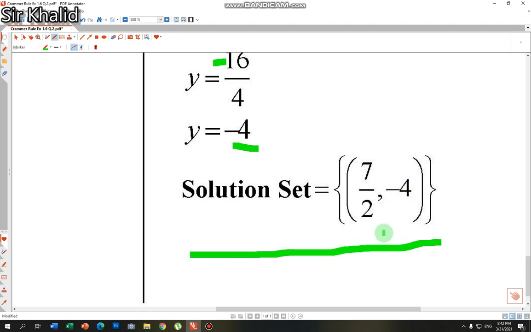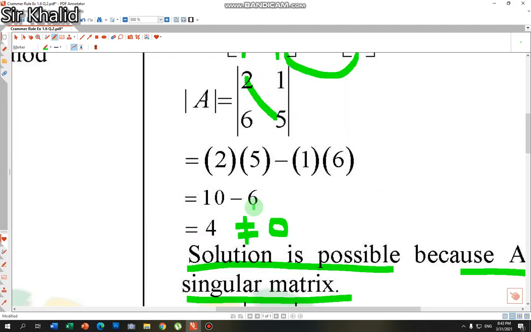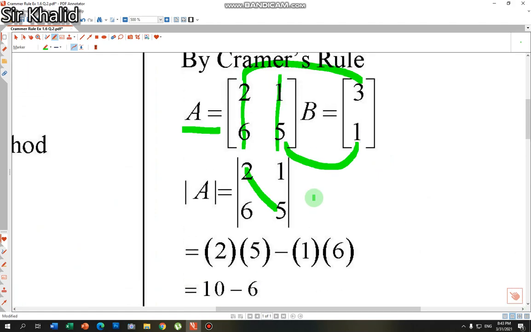So this was the method to find the solution set of a linear equation system with the help of Cramer's rule. I think you understand it.